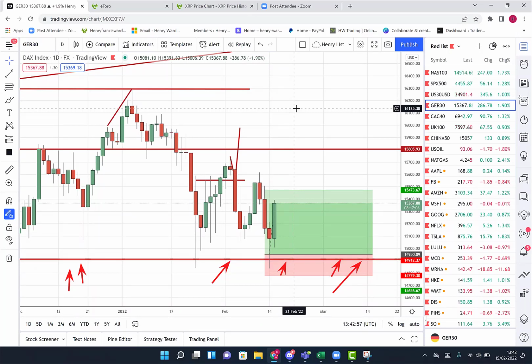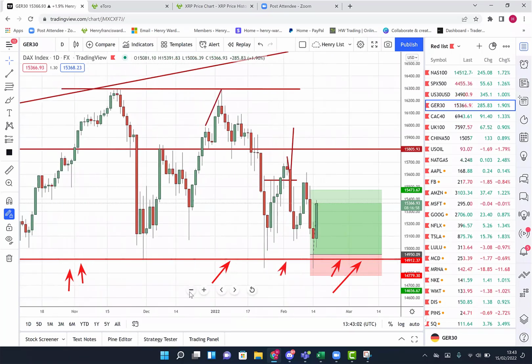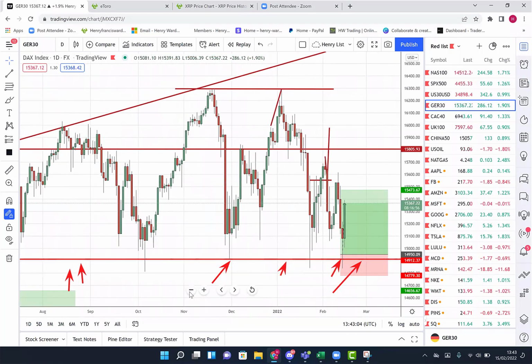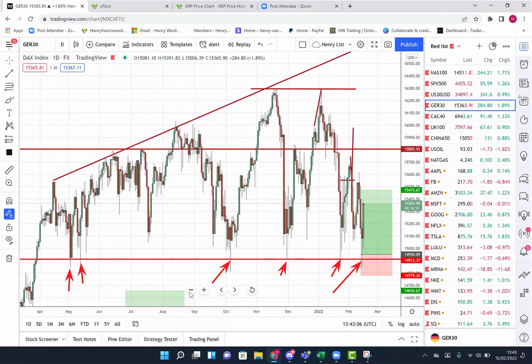Okay, Jan, that makes sense. But again, it's trying to show you these things happen over and over again. And once the market repeats itself, we see these patterns. And once these patterns happen, all we have to do is make sure our levels are in the correct area. And if our levels are in the correct areas, we can trade from these. We can make money from these.